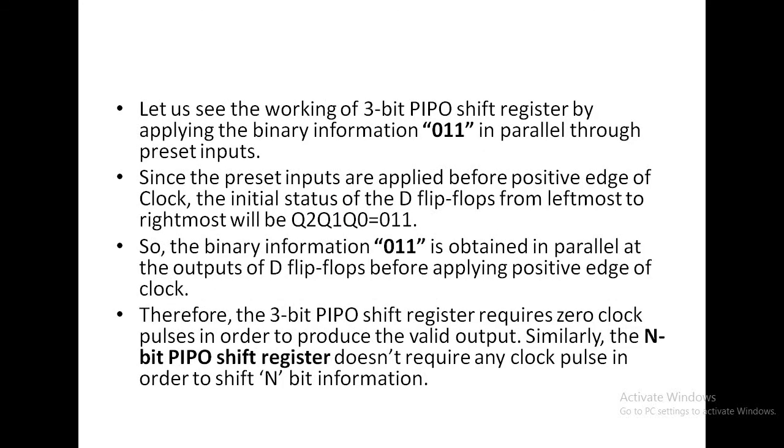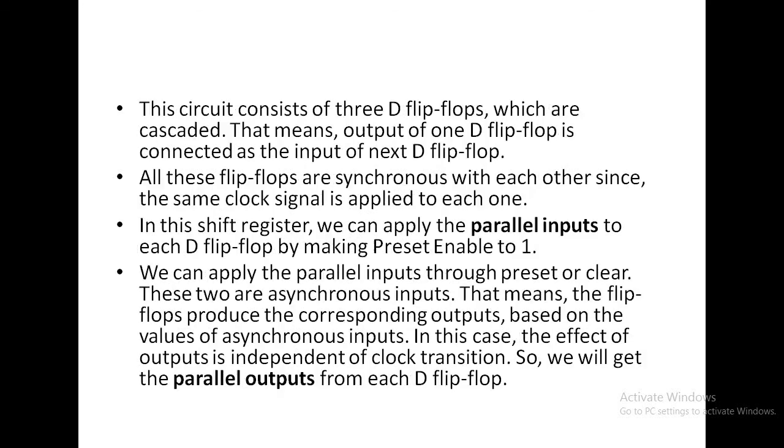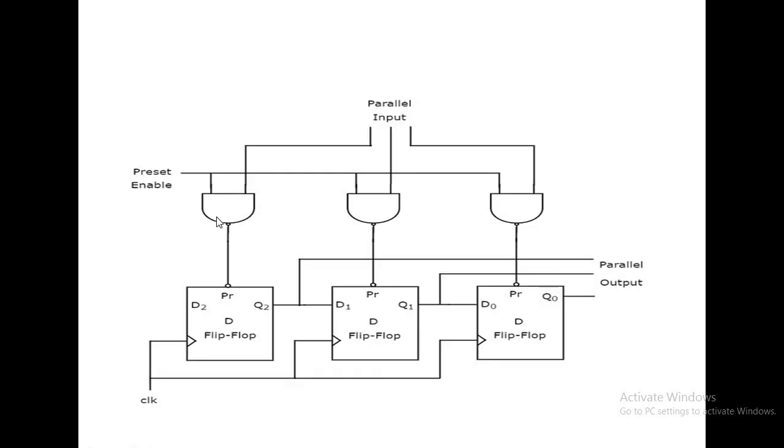The input is 0, 1, 1, so we can directly give it. Sorry, 1 is given here to the first flip-flop, then 1 is given here to the second flip-flop, and 0 is given here to the third flip-flop. So since it is parallel, the output is directly 0, 1, 1.